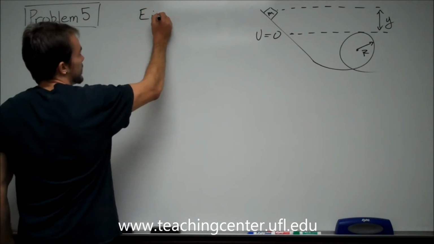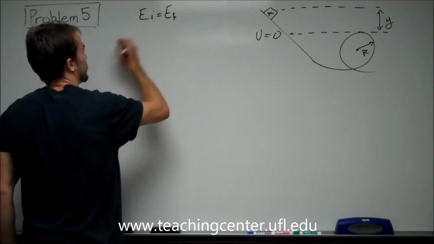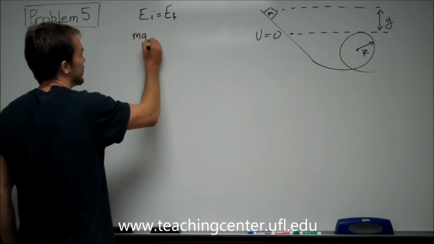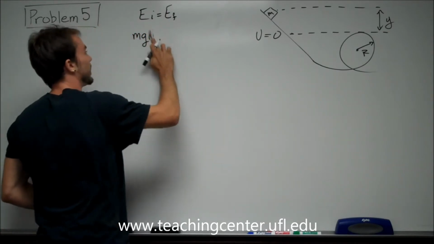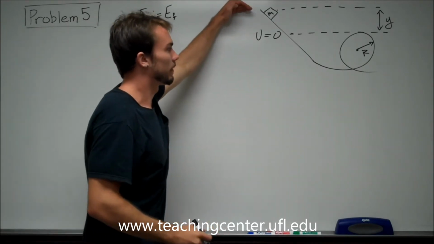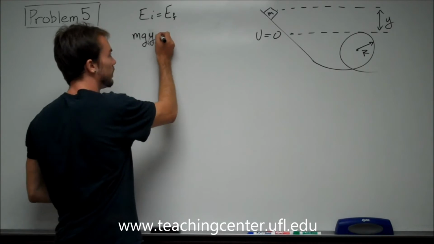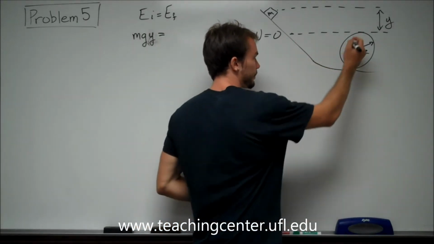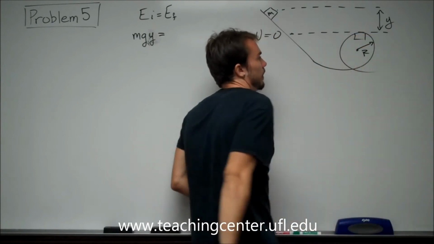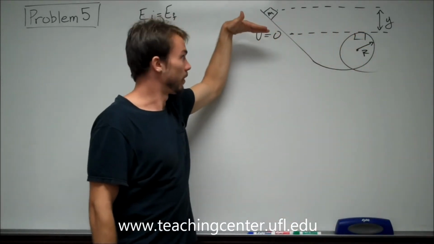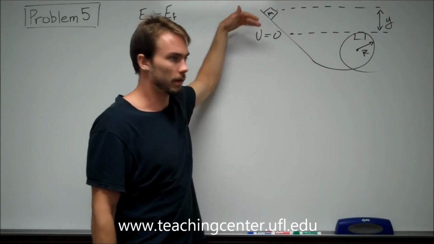So we say our energy initial is equal to our energy final, and our potential energy, mgy, where y is our height, is going to be equal to the energy at the second point, right at the top of the loop. At the top of the loop, it has no potential energy because it's at the height where we said there is no potential energy.